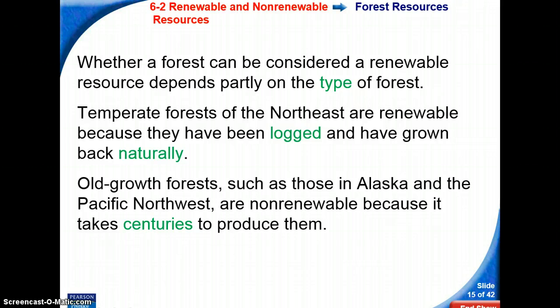These are called non-renewable because it takes a very long time, centuries, which are hundreds of years, to produce them. So the fact that they just don't regrow within a couple of years makes them considered non-renewable because it takes so long for them to regrow. So trees and forests can actually be considered both. It just depends on the type of the forest it is.